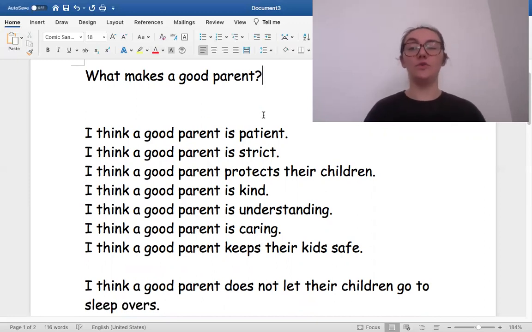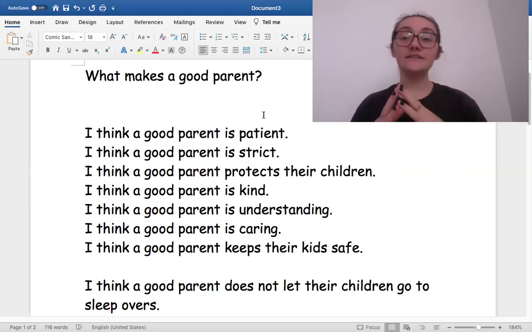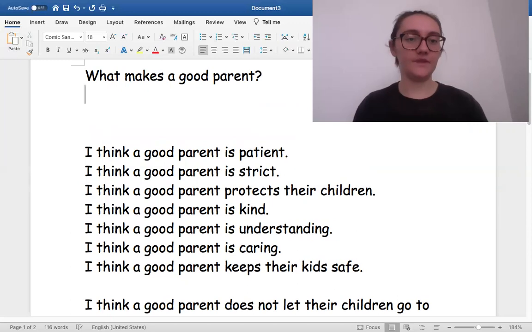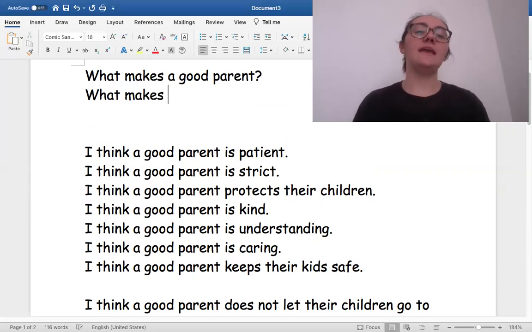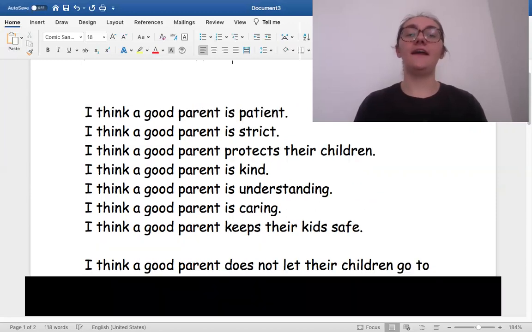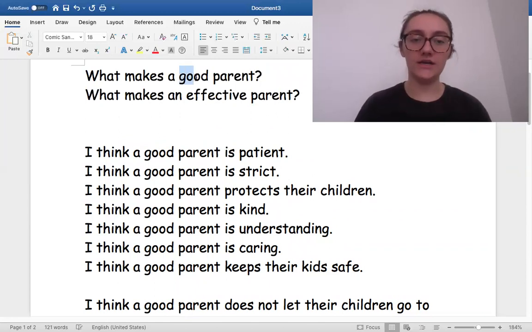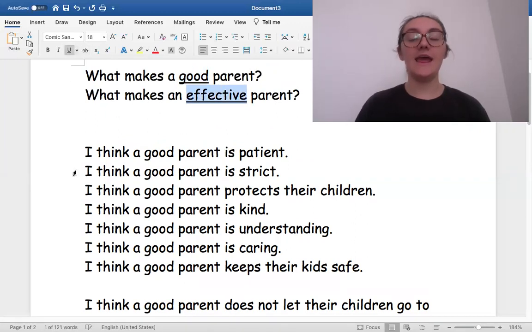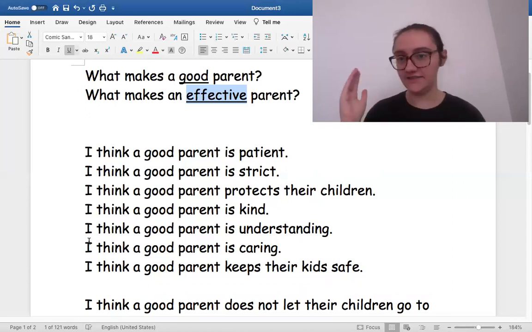Sometimes in English, we have words that are a little bit different, but mean kind of the same thing. So for example, I'm going to ask another question that almost means the same thing as this first question. What makes an effective parent, right? So instead of saying good, I said effective. What makes an effective parent? And effective just means like what makes somebody that gets the job done and does what needs to be done, right?